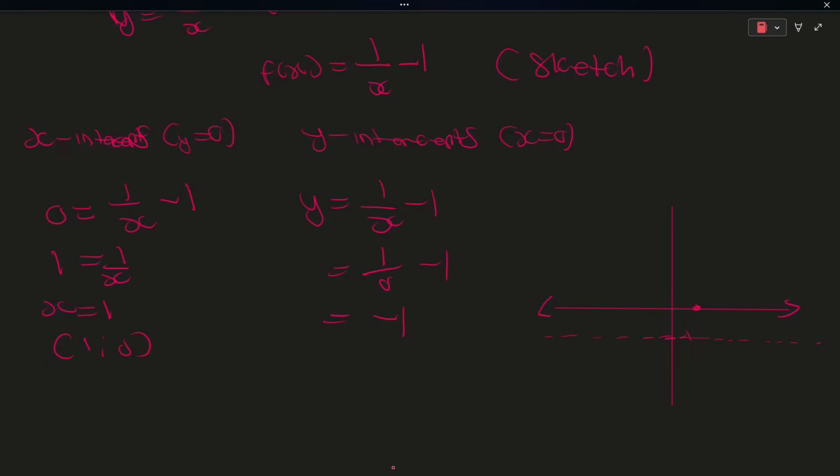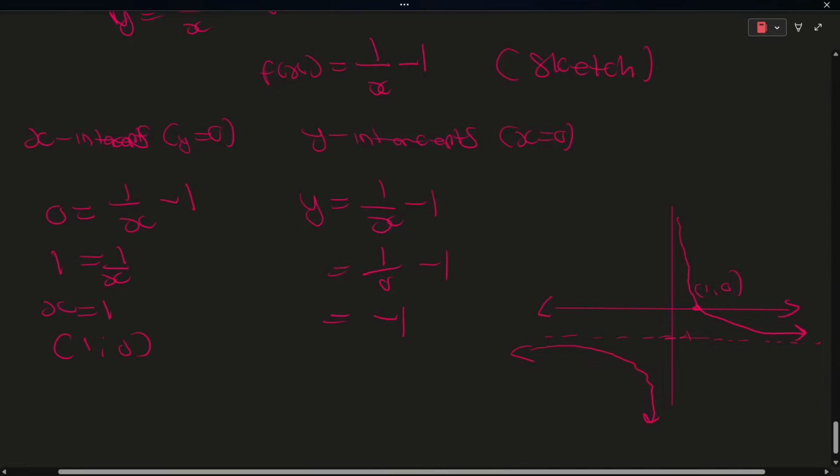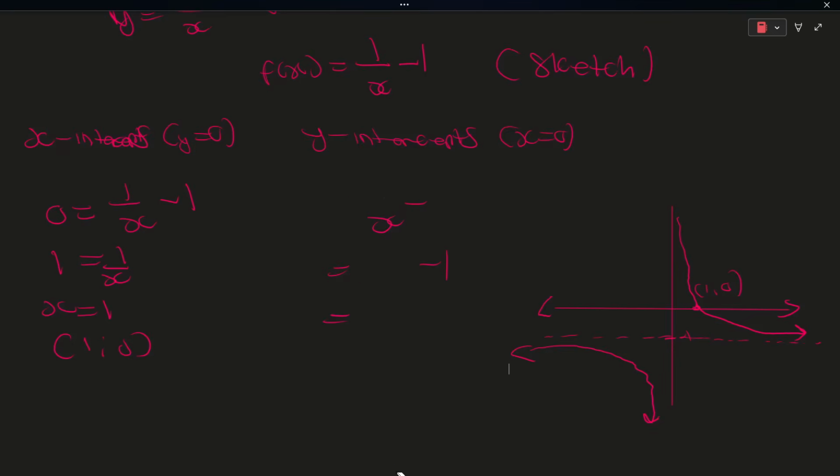It is here, at (1, 0). So my graph will be something like this, but it will never touch the asymptote. And on this side I'm going to do the same. That is my graph. The graph will never touch the asymptote, so forget about this.